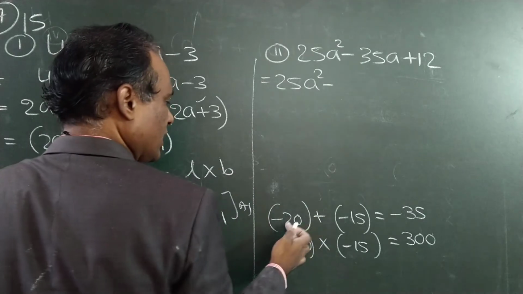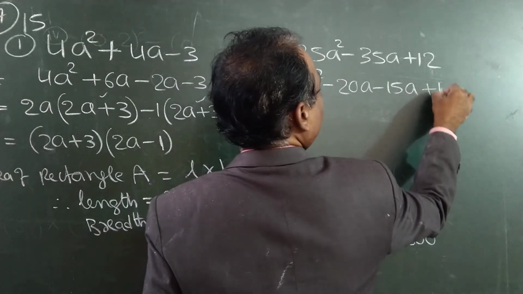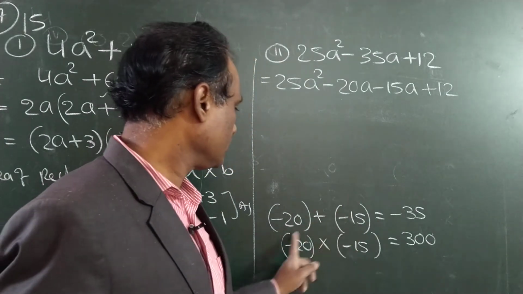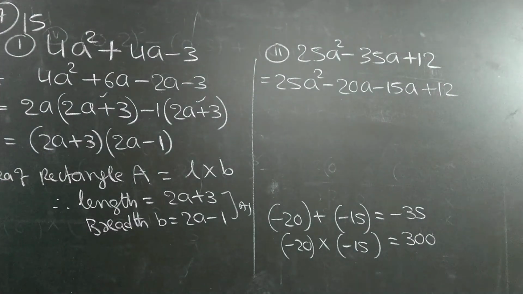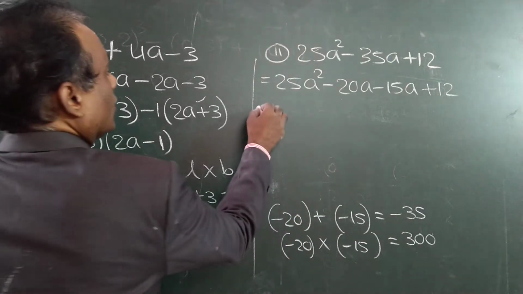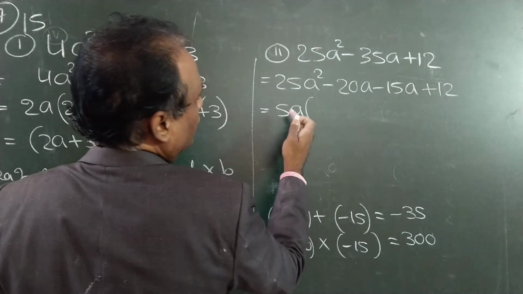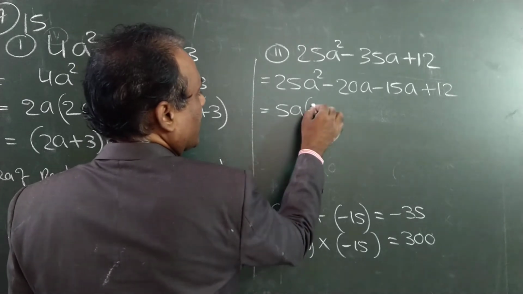25a square minus 20a minus 15a plus 12. Take 5a common, because 25 is 5 into 5, and 5 common means another 5.